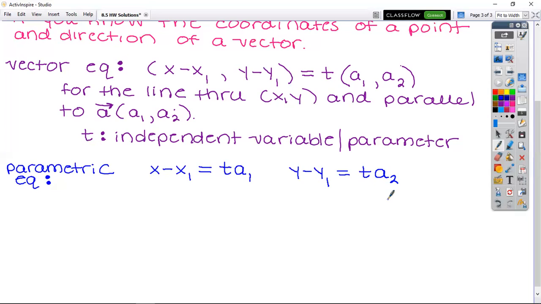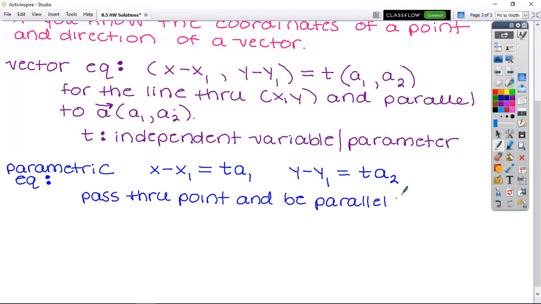These are what we call the parametric equations. And again, these are going to pass through your point and be parallel to your vector.